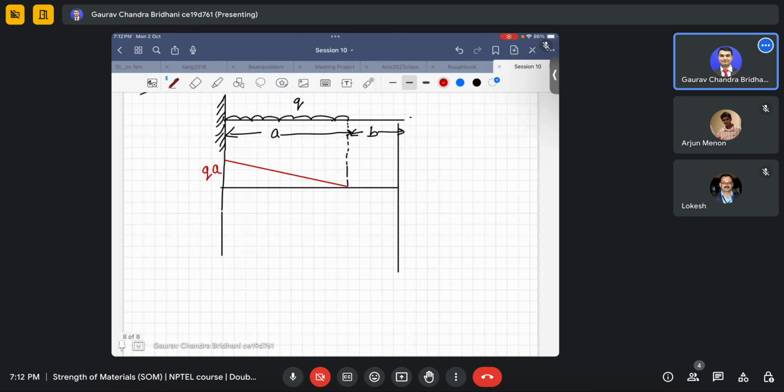Then we'll draw the bending moment diagram. As you know, this will cause a negative bending, and the bending at any section will be Qx square by 2. If I take an x section from here, because this region is 0, no load is there, I just need to worry from here. So it is nothing but Qx square by 2, that is a parabola.